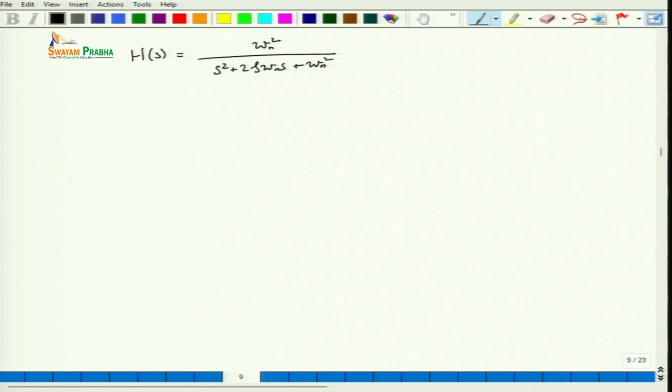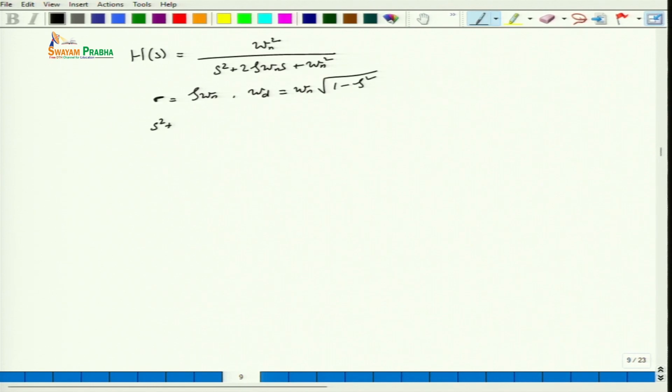So this is H of s for that case, and let us express sigma as zeta omega n, and omega d, that is the damped natural frequency, is given by this expression in terms of the damping ratio and the natural frequency.